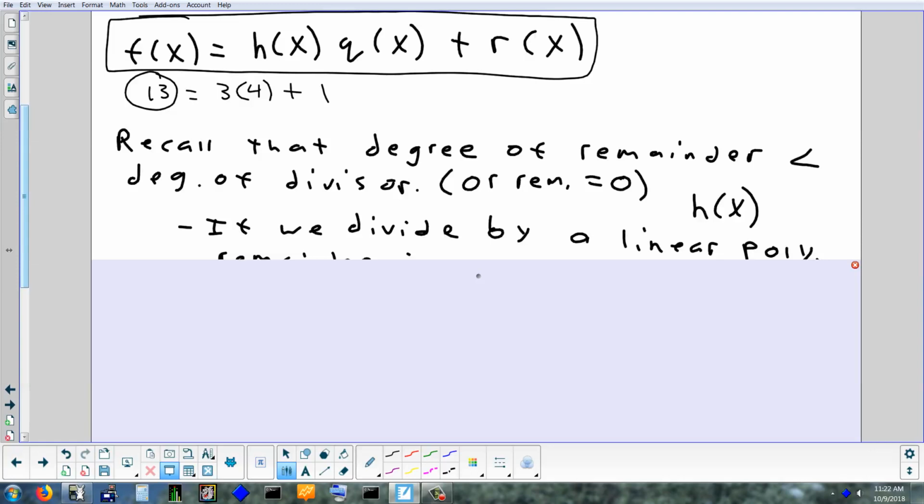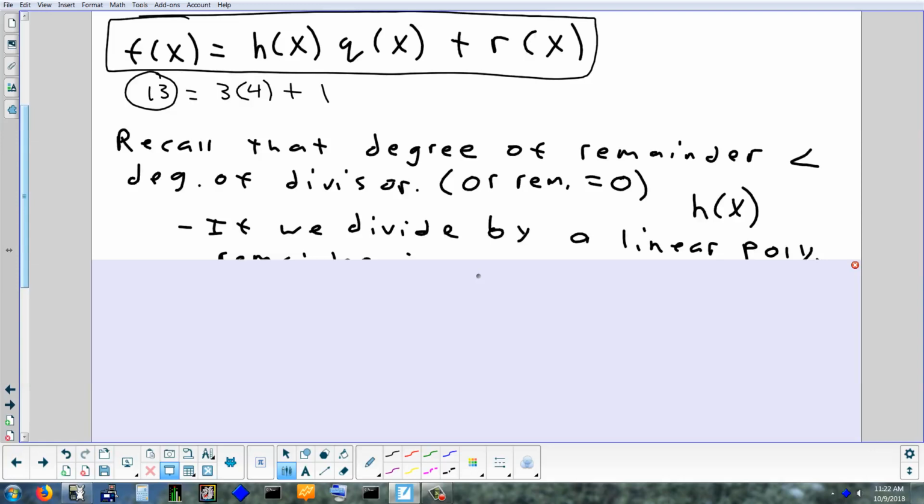So what does that mean? If you divide by something linear, you're always going to get a remainder that's degree 0. But what is that? 1 is an example of what you could get, and that's another example, but in general, you're just going to get a number.